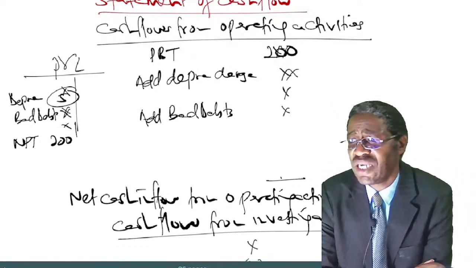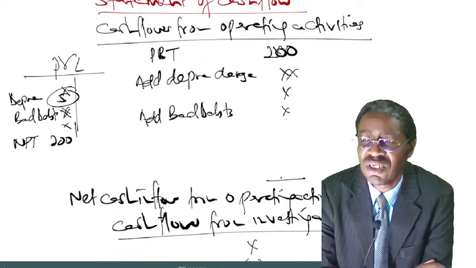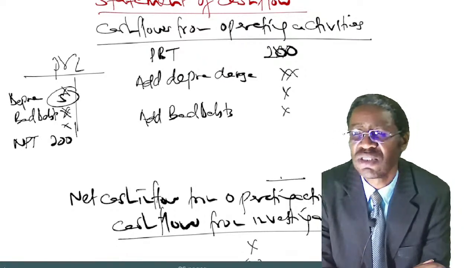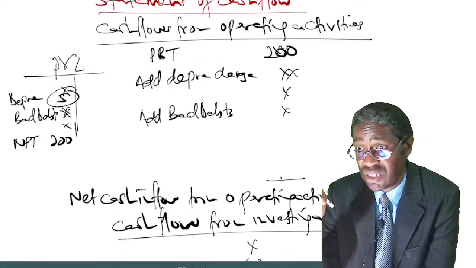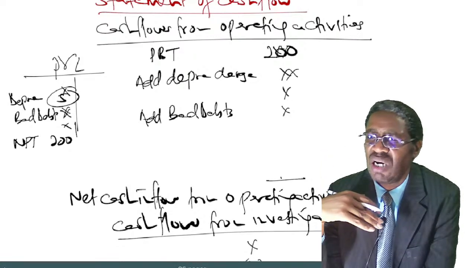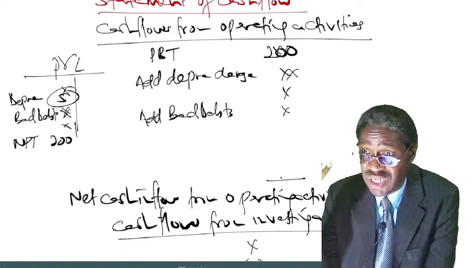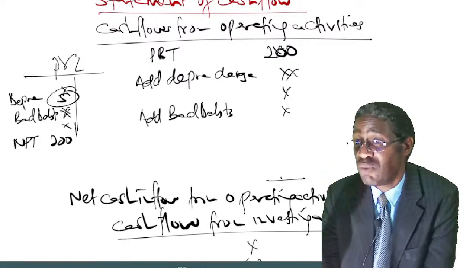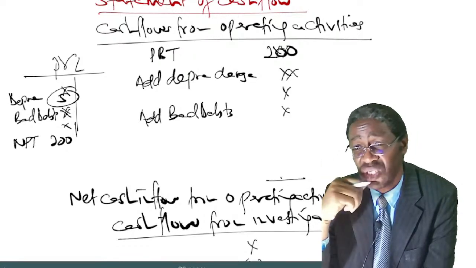Somebody's giving me another one. Correct. Amortization. That's correct. When you amortize your intangible assets, copyrights, trademarks, maybe software, most of the intangible assets are normally amortized. So it's the same as depreciation.